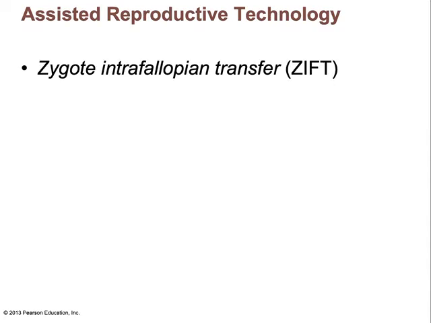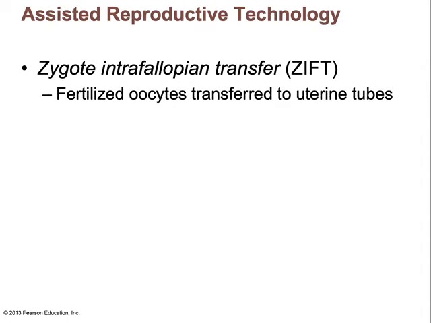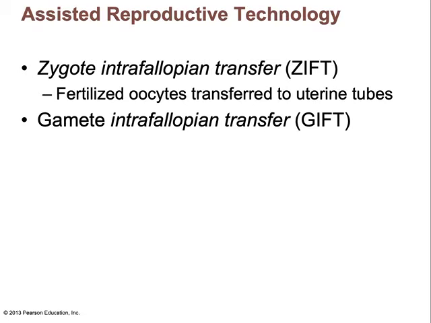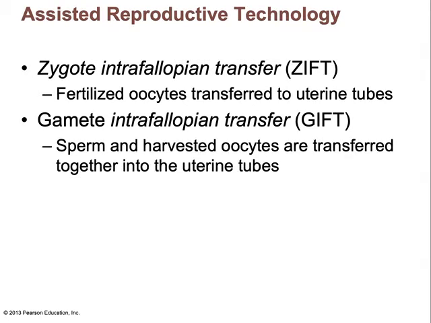We also have zygote intrafallopian transfer, where fertilized oocytes are placed in the fallopian tubes, and gamete intrafallopian transfer, where sperm from the male and oocytes from the female are put together in the fallopian tubes so that fertilization is more likely. So basically what's happening is that we are removing some of the obstacles to fertilization that a normal sperm cell encounters on its way to the egg.